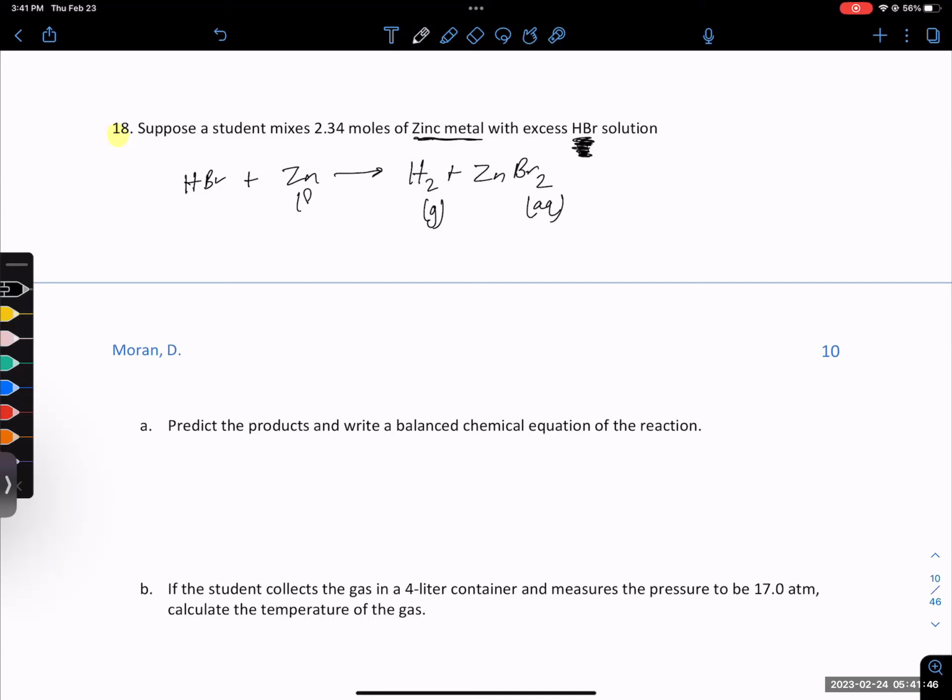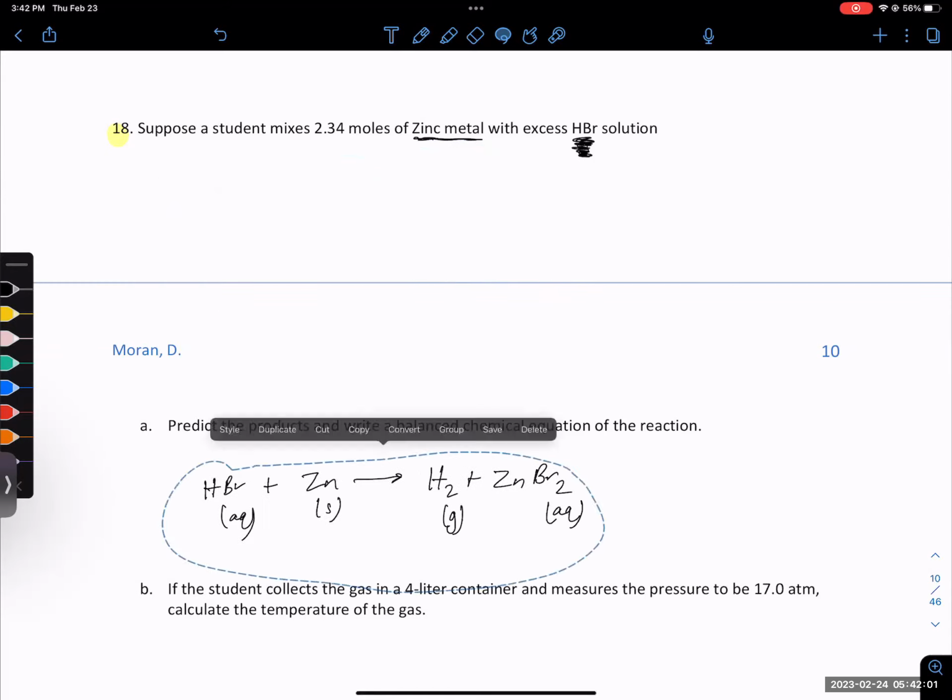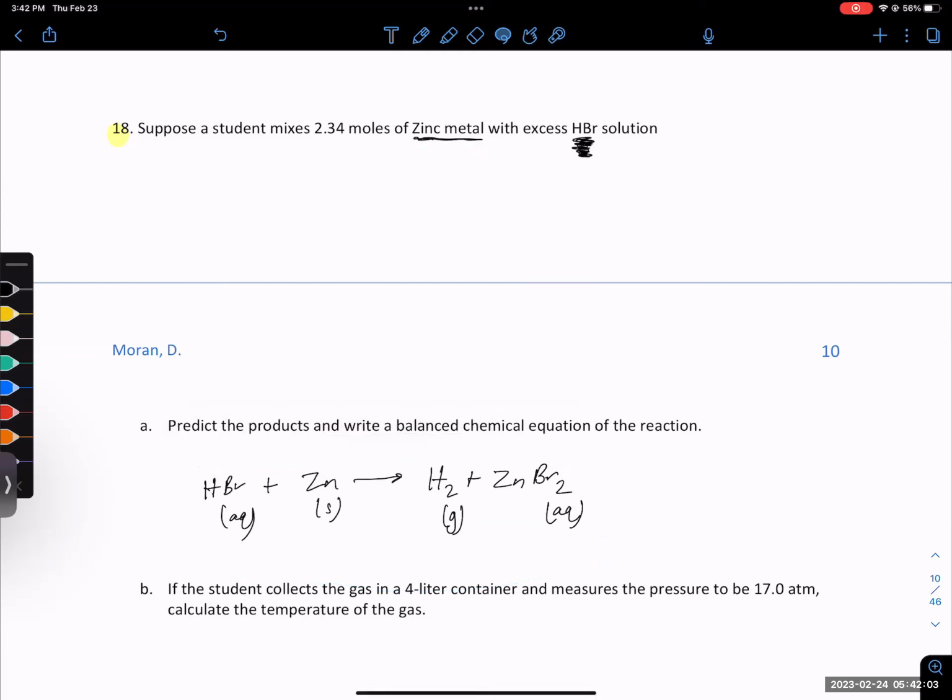And what about HBr? Yeah. All right, so let's put this here. And then is this equation balanced? So what would you do to balance it?